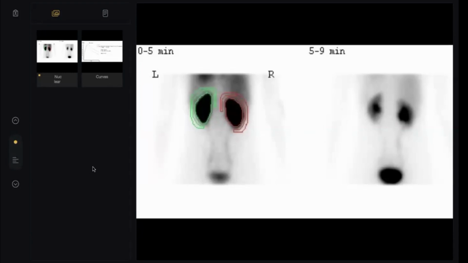The left kidney has cleared more, whereas the right kidney shows more retention. But generally, because we are not experts in nuclear, is there a big difference, or is there any poor kidney in either of them? Almost the same. Okay, so in this case, do you think this is a normal case or abnormal? I think normal maybe. Excellent.